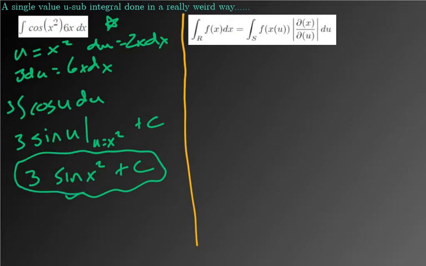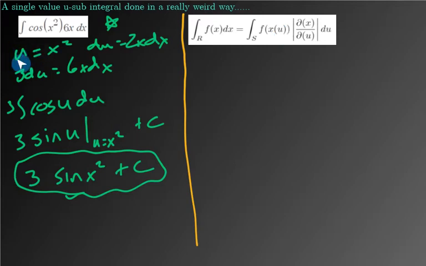That is absolutely the way to do that, but I'm going to get the same answer by doing something very different, okay? It's going to show up later on in this video, and you'll see why this is connected to what I'm talking about. So instead of u equals x squared, I'm going to do a substitution where I want x to be a function of u.